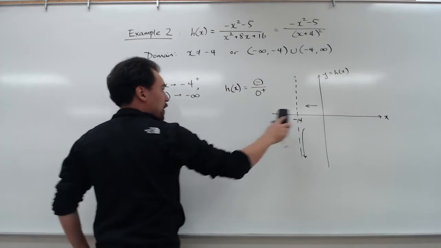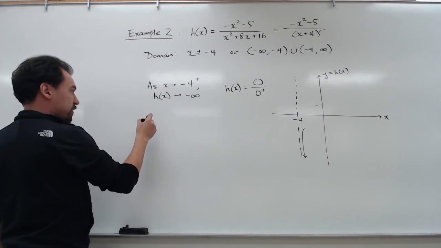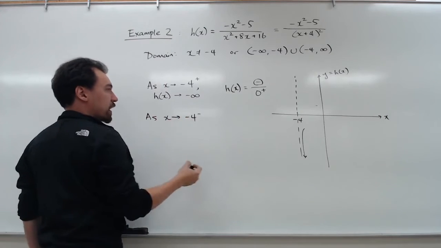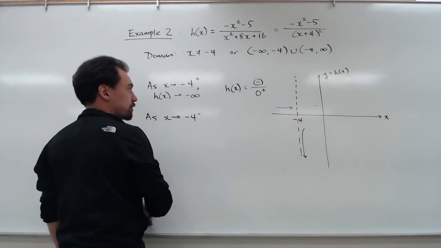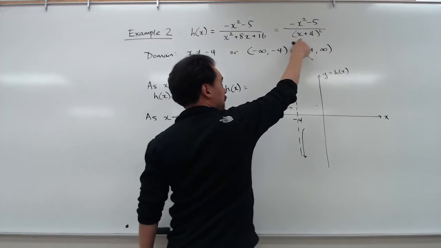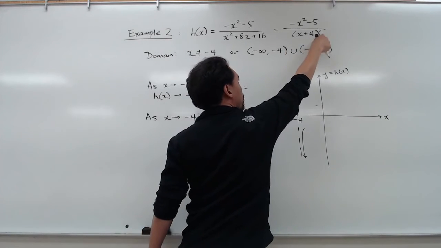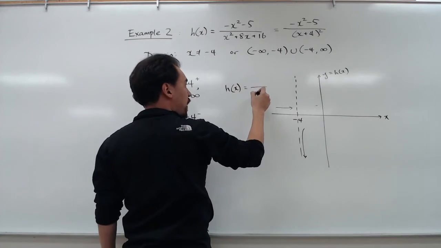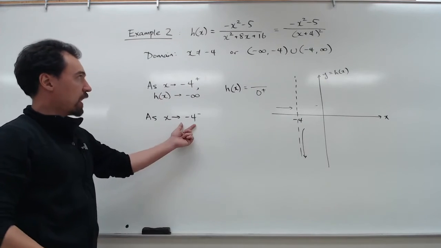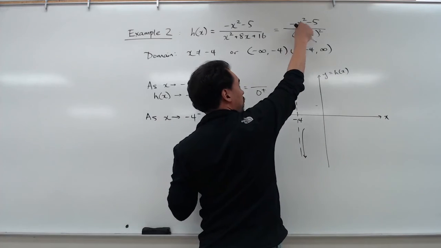Okay? Then let's consider the other direction, as x approaches negative 4 from the negative side, so coming from this direction. So if I redo this, if I plug in close to negative 4, I get close to 0, but since I'm squaring it, I get a positive number again. Close to 0, but positive. Take the negative 4, close to negative 4. Plug it into here.